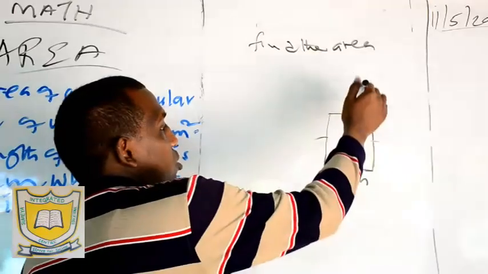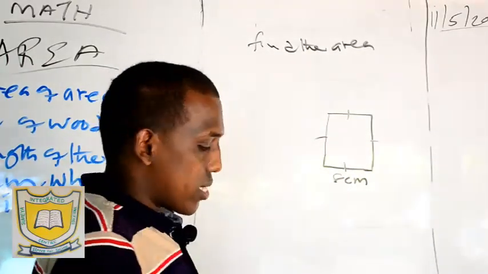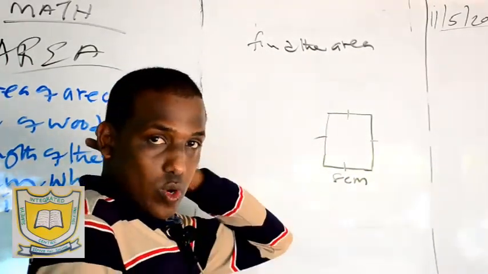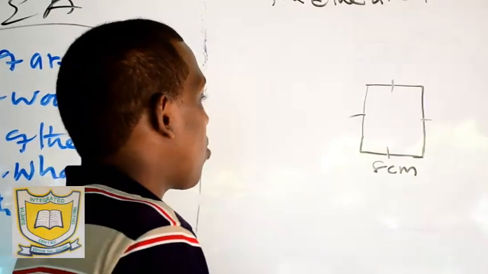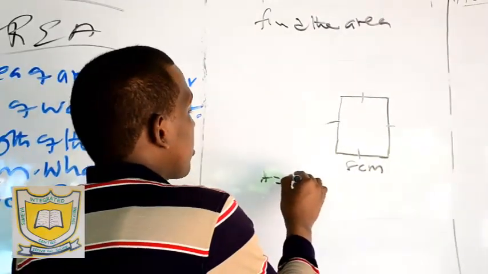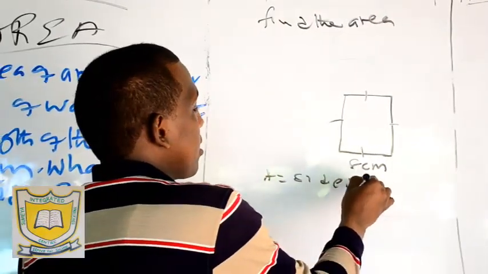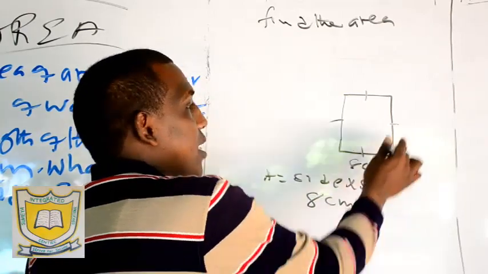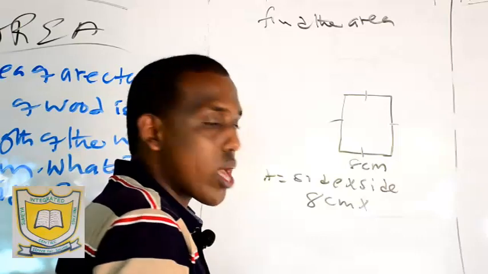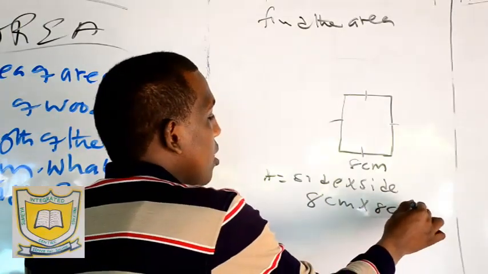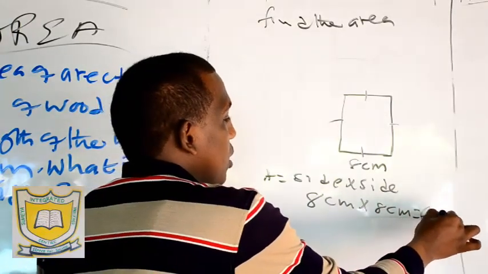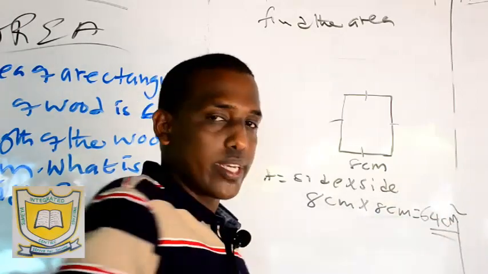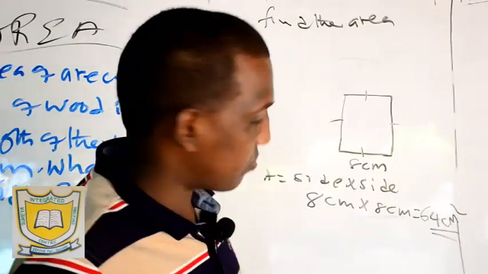Oh, so this is a square. If I want to get the area of this square, the formula was area is equal to side times side, which is 8 centimeter times the other side, which is also 8. All sides are equal, so 8 centimeter times 8 centimeter is equal to 64 centimeter squared. That's how we get the area of that figure.